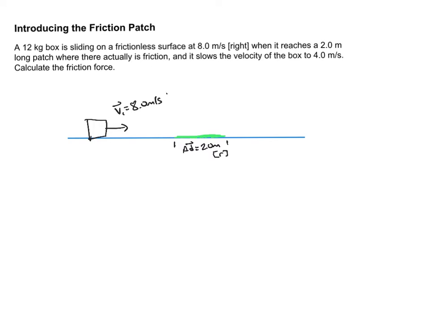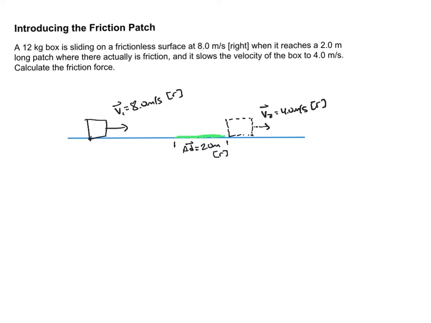I'll use R to stand for right. So that friction patch is going to slow it down. After it's done getting through this friction patch, now it's gotten slowed down a bit, and the new velocity is 4.0 meters per second to the right.